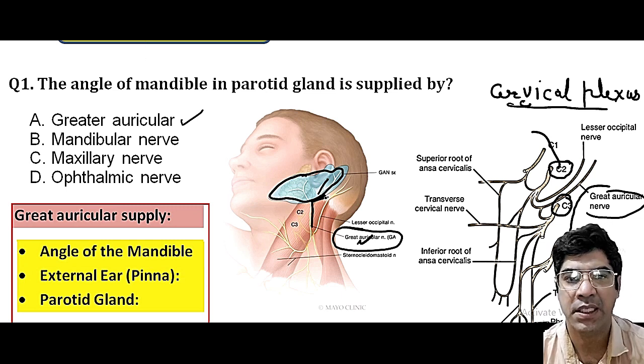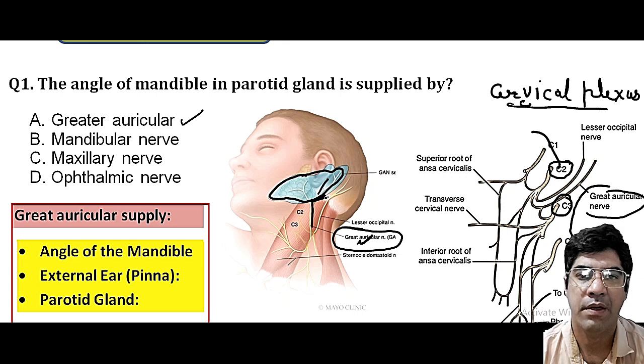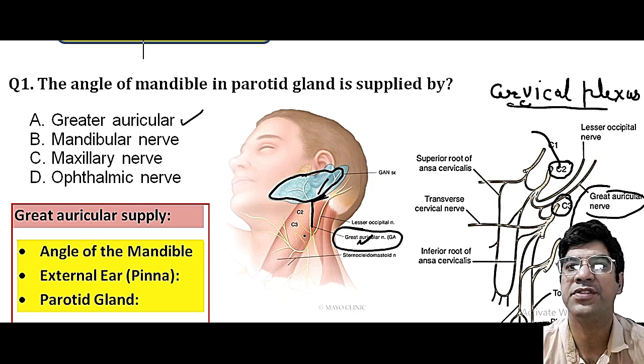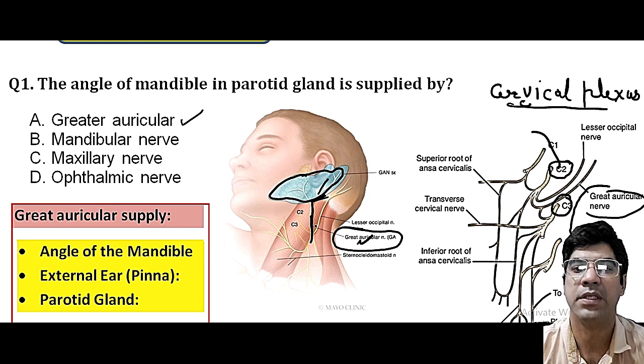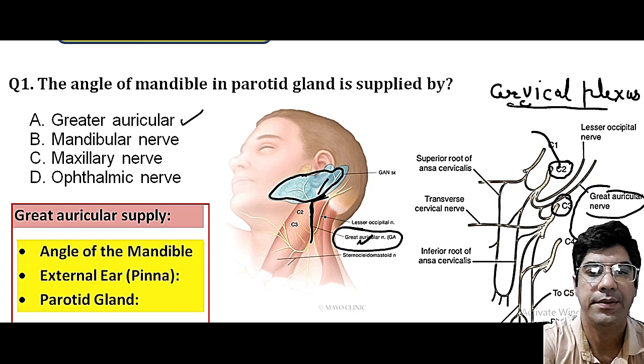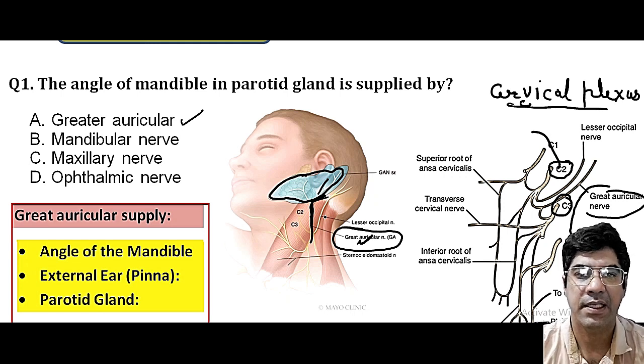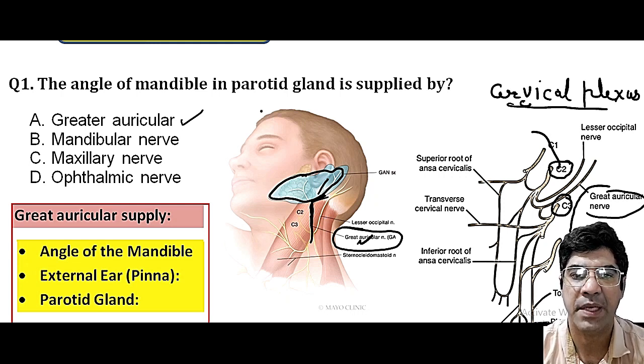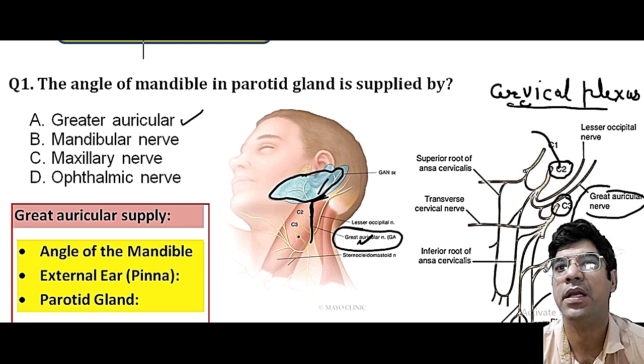After its origin, the great auricular nerve runs obliquely and outward across the sternocleidomastoid muscle, a large neck muscle. So it runs superficially along the muscle. As it ascends, the greater auricular nerve approaches and passes over the angle of mandible.